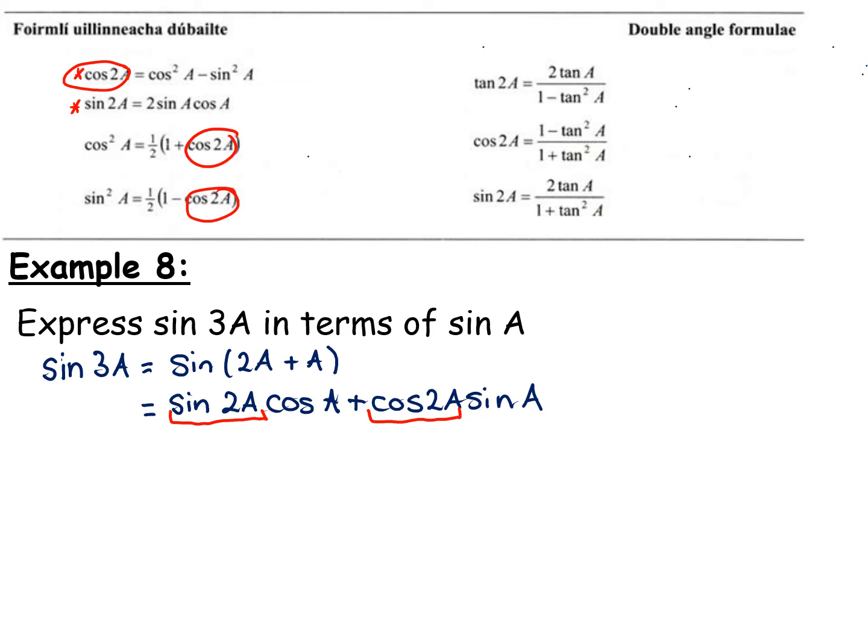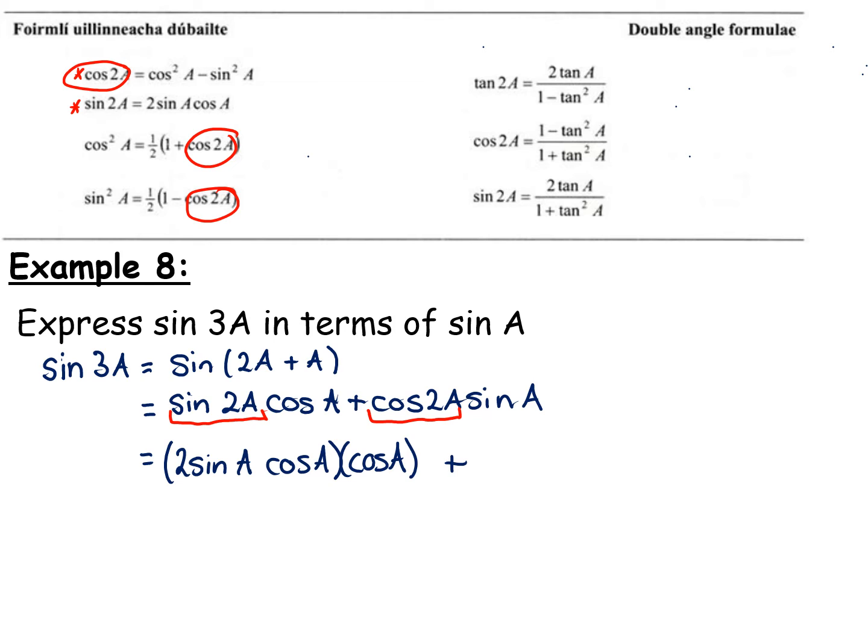So let's just do our first substitution for sine of 2A. That will definitely be fine, and then see where we're going from there. So sine of 2A is 2 sine of A cos of A times cos of A. And now I want to do plus.